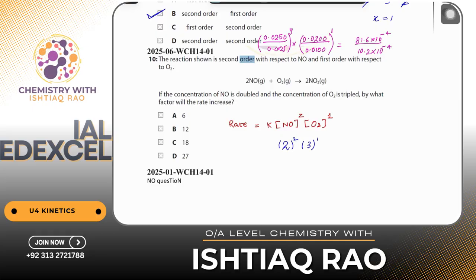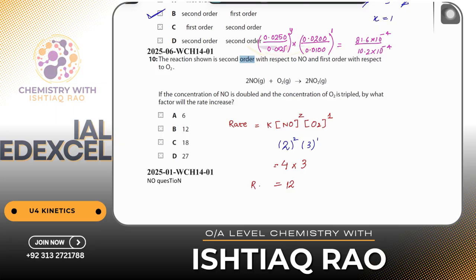This is a very good question. Basically they are going to check your skills regarding when we increase or decrease the concentration, then how much the rate will increase. Of course it depends on the order of reaction, right? So I would say that 2 squared is 4, multiplied by 3, ones are 3, which is equal to 4 threes are 12.